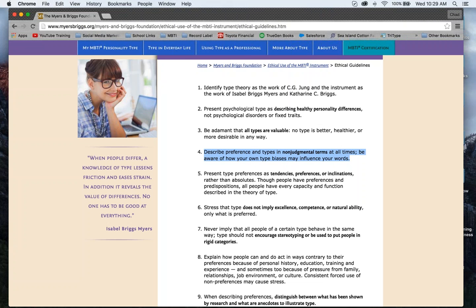One thing I've had to work on as a practitioner is making sure that when I'm describing things that are not my type, so that would be ISFP, as I describe those dichotomies, I want to avoid saying things like, these people don't see the big picture. To me that's a biased statement, a slanted 100% statement.